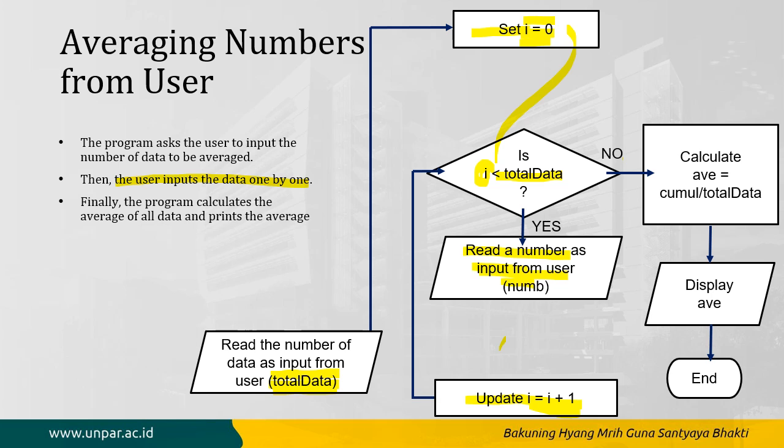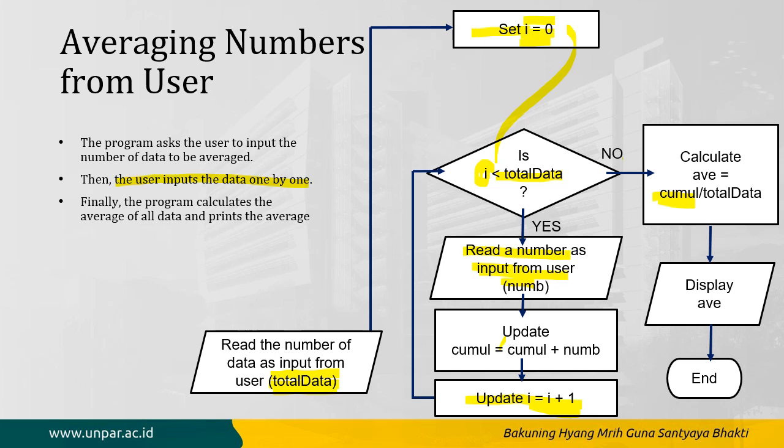Now, when we talk about this cumulative, it's pretty much a similar thing, okay? So we also need to update this cumulative each time we input a number. So whatever number we input here, we need to add it to the cumulative. So this is how we read it.